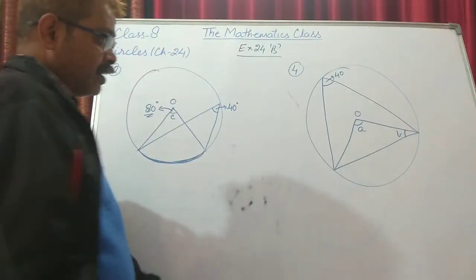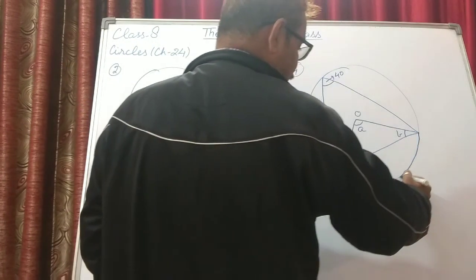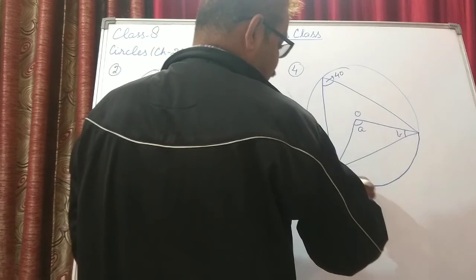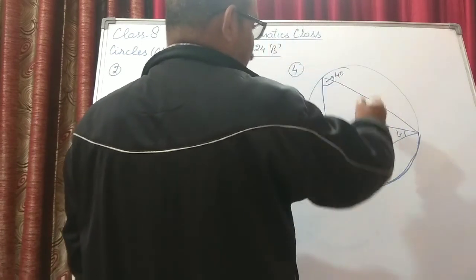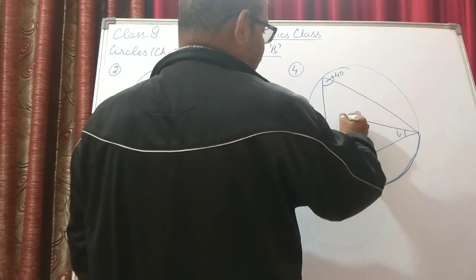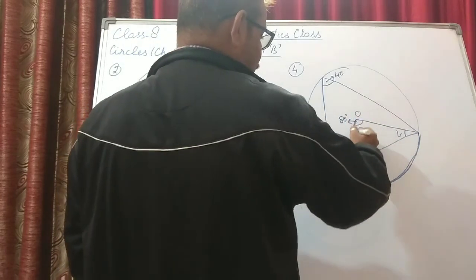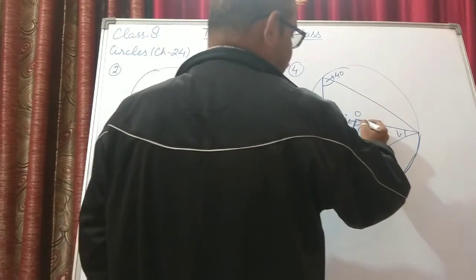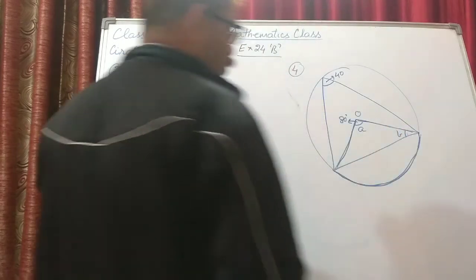In this, this is the arc that is making the angle at the center. Now this arc is making 40 degrees at the circumference. So at the center it will make how much? 80 degrees. Now this is 80 degrees. Now this is a radius, and at the same time this is a radius. So we have to calculate the value of B also.